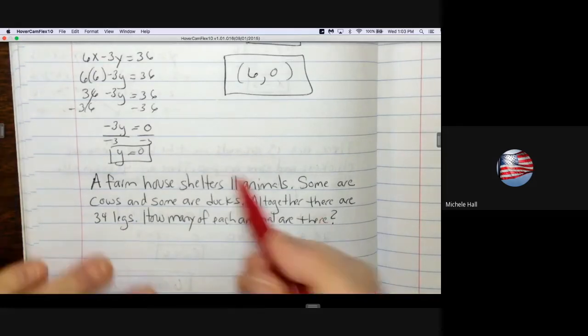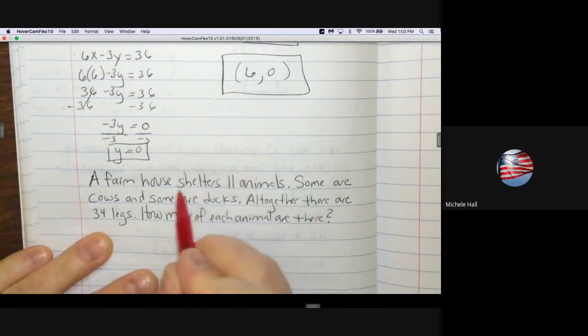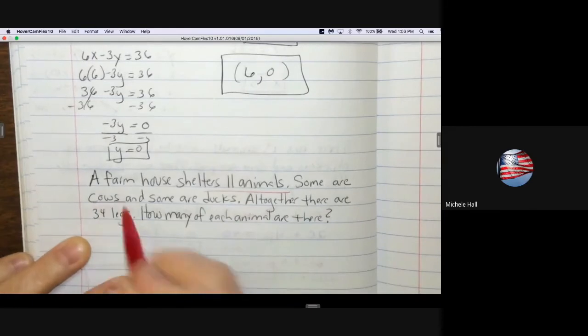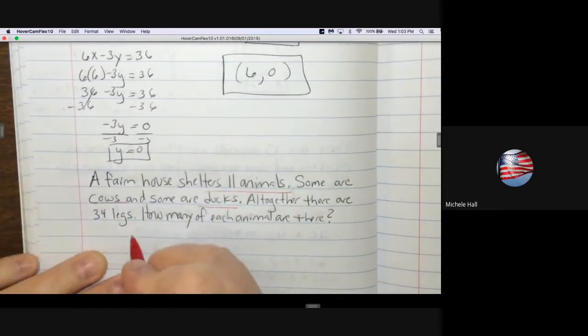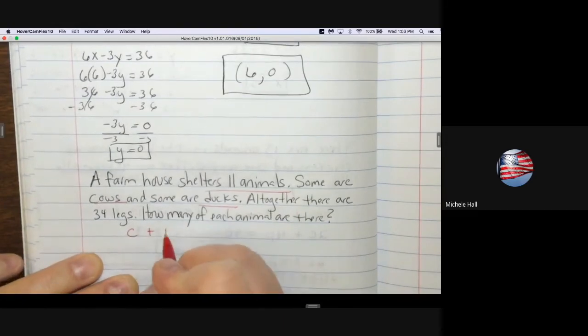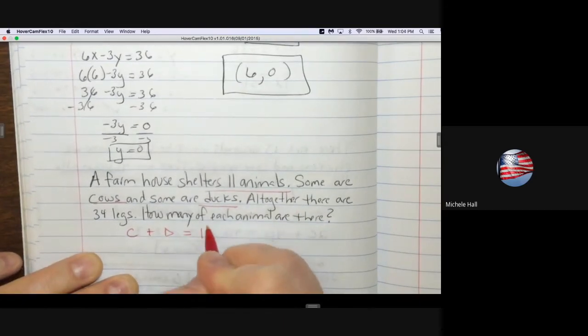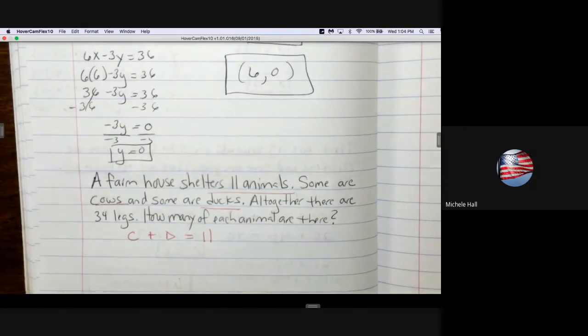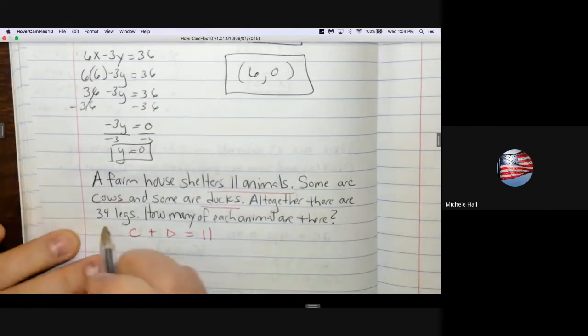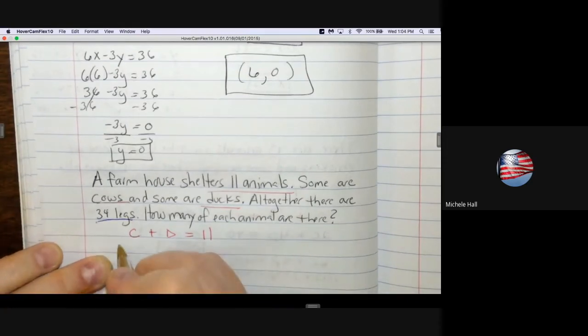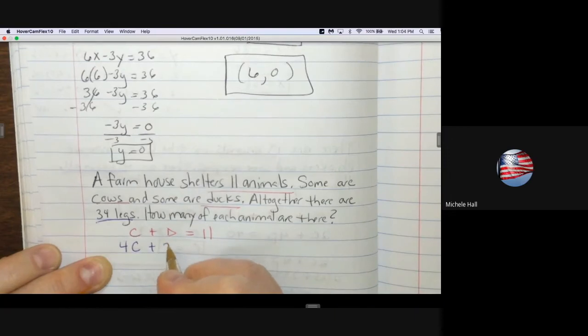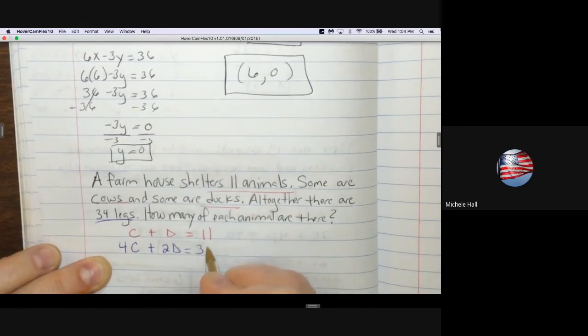We could say that cows plus ducks equals 11 animals. Altogether, there are 34 legs. Cows have 4 legs, and ducks have 2 legs. And there are 34 altogether.